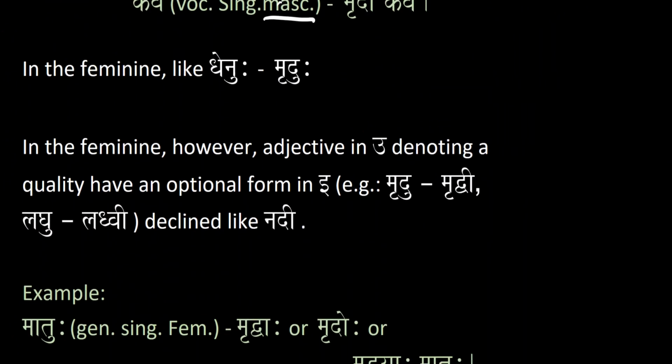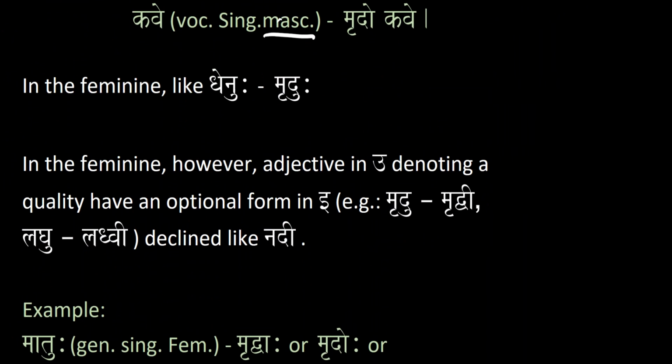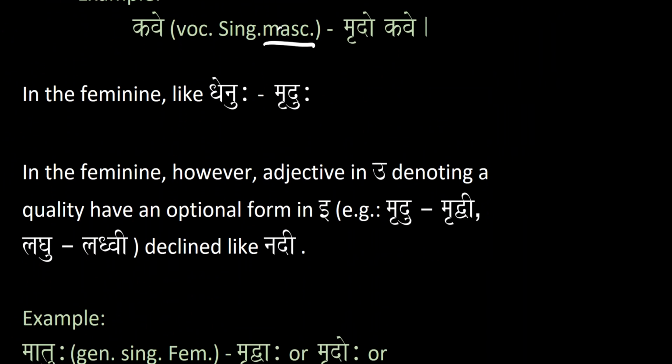But the condition is that you have to change mridu into its optional form. If you want to decline it like nadi, and this actually should have a hook on top because it has an optional form in long e, you have to change it to the optional form in e.